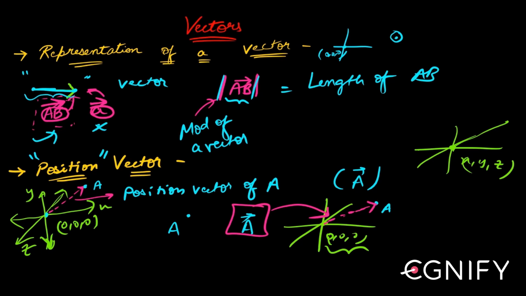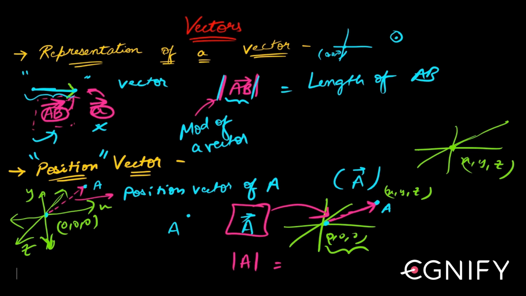Also, if the coordinates of A are x, y, and z, and I ask you what is mod A, what will your answer be? Mod A is the length of this, right? The length of this is the distance of this point of interest A from the origin.